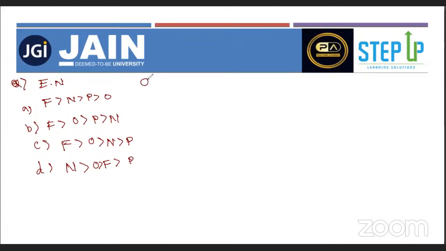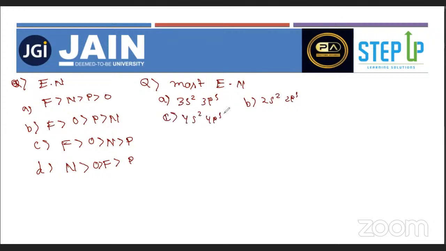Okay. Next question: they're asking which among the following is the electronic configuration of the most electronegative element? Option A is 3s2, 3p5. Option B is 2s2, 2p5. Option C is 4s2, 4p5.